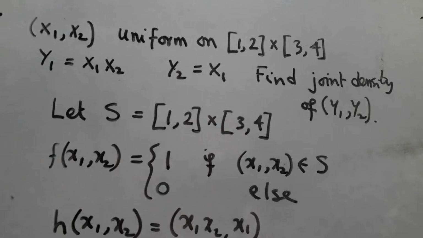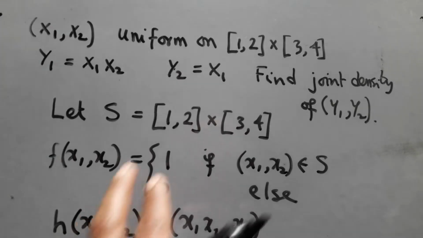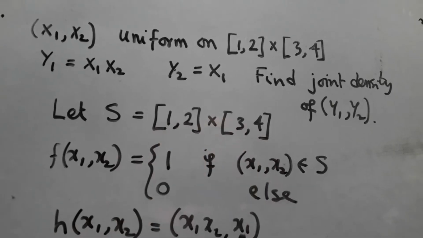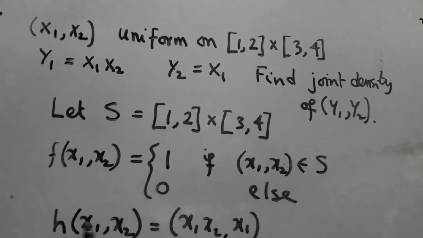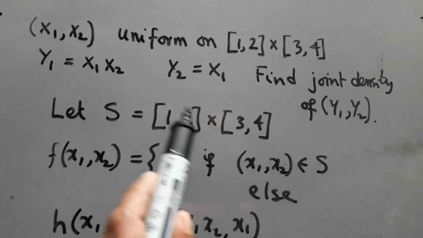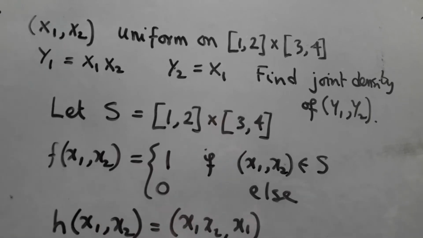Now this function is actually a bijection when I restrict my attention to x1, x2 in S, because if I tell you x1 x2 and x1, you can always recover x1 and x2 separately. x1 is already given, and divide this quantity by x1 in order to recover x2, and division by x1 is not a problem because x1 is not 0.